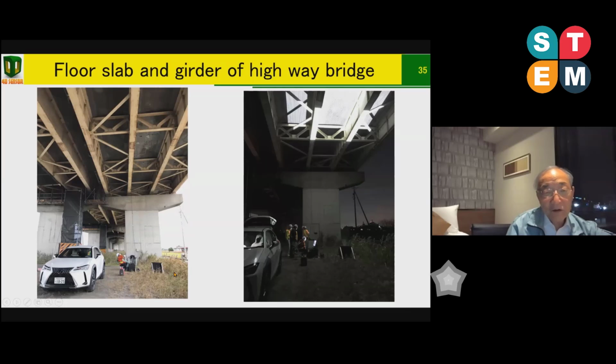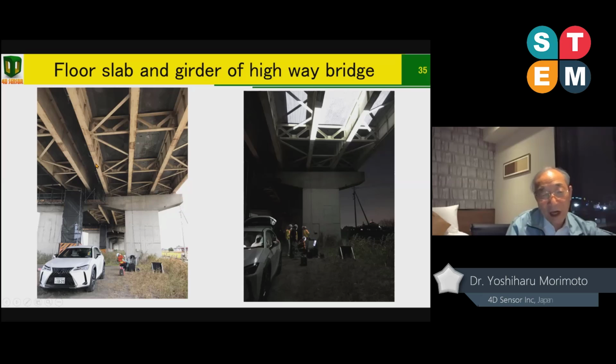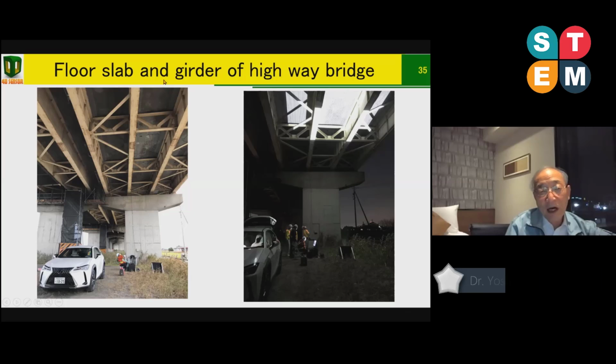Today, last night and tonight, we are measuring the floor slab and girder of a highway bridge. Here is the back side of the road. We projected the grating by projector, and the grating image is recorded by our camera. So tonight, just now, we are measuring the deformation of this bridge.